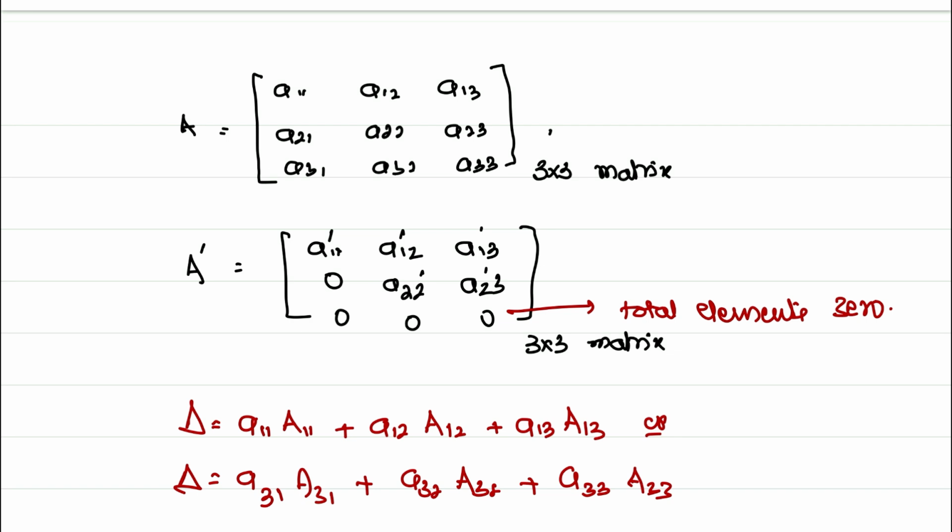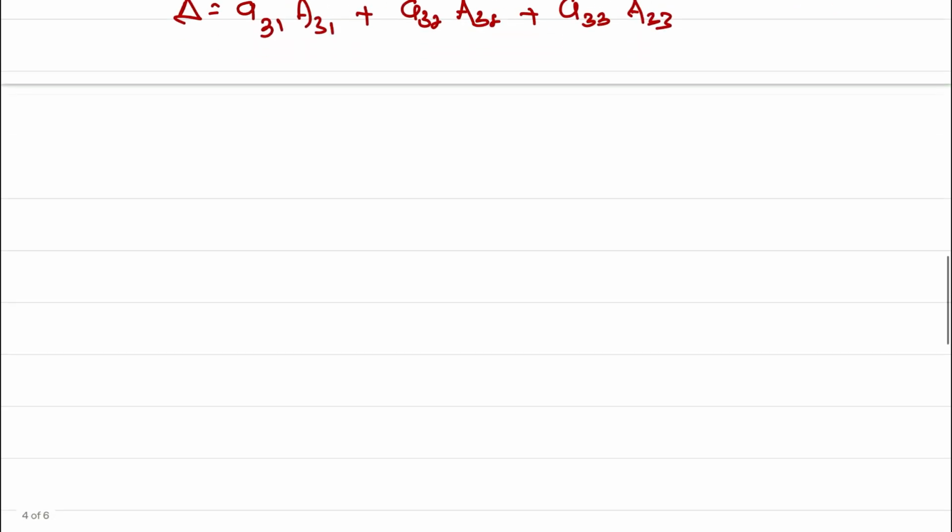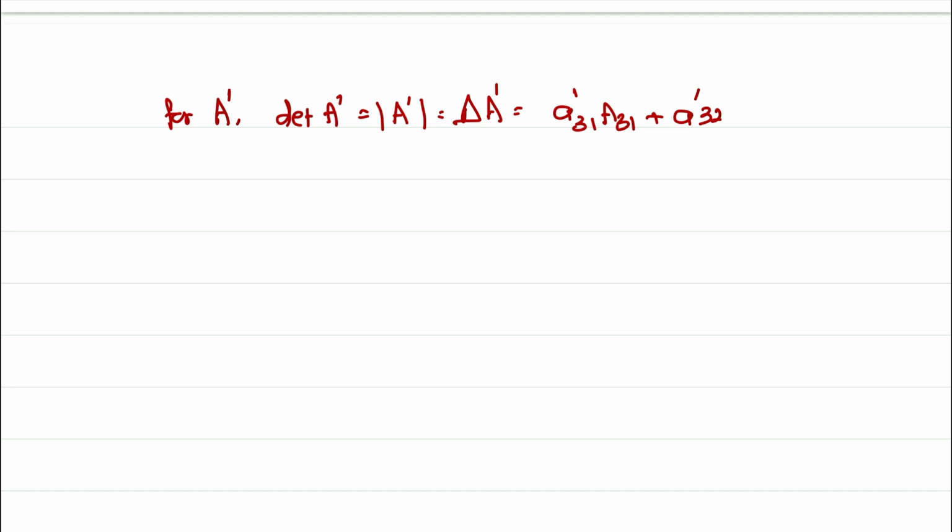In the new matrix, for A dash, this is for A. For A dash, the new matrix, determinant A dash is equal to A dash 31 into cofactor A31 plus A dash 32 into cofactor A32 plus A dash 33 into cofactor A33.